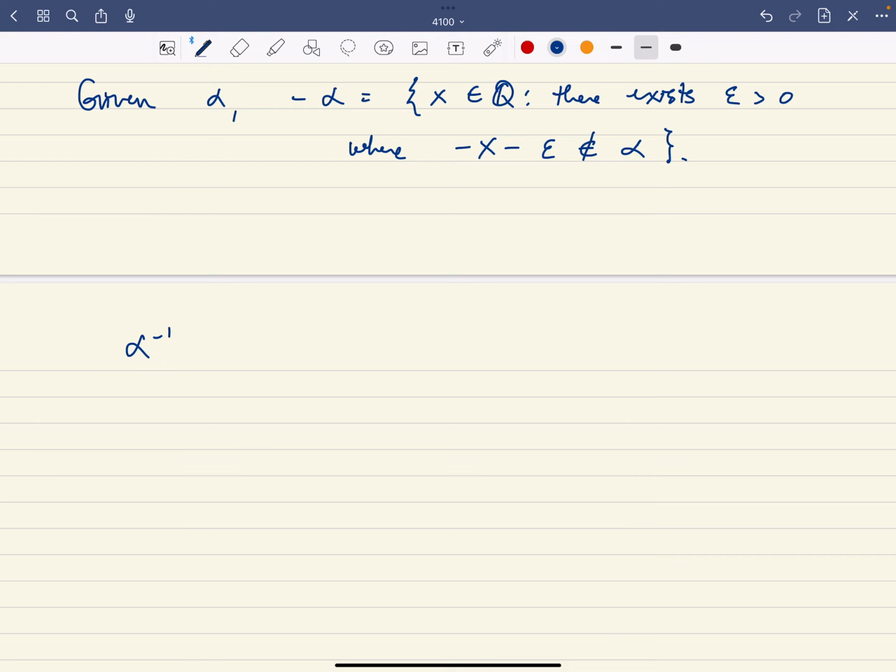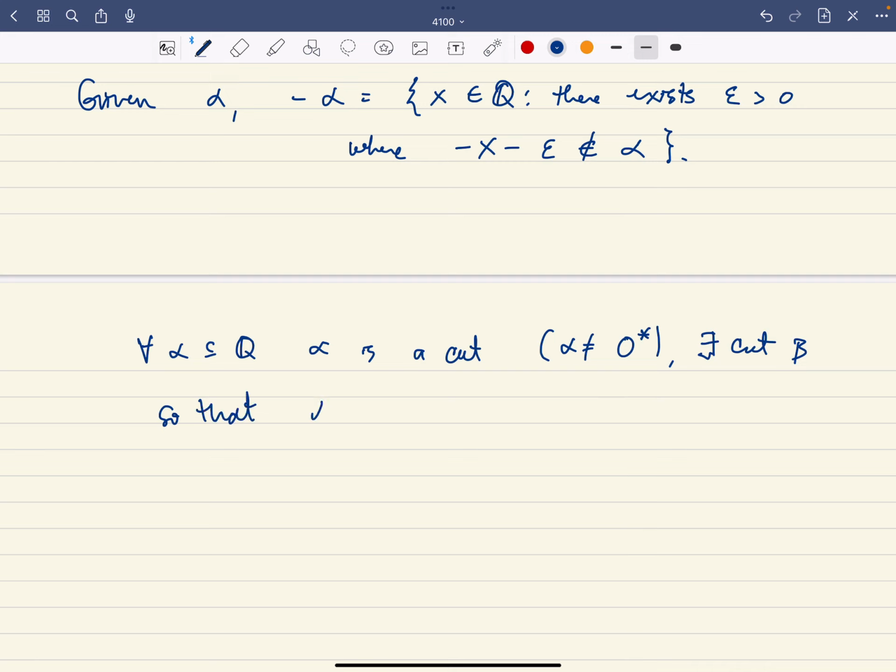Let me just tell you a few things here. For every cut, so if alpha is a cut, and as long as alpha is not the 0 element, then there exists a cut beta so that alpha times beta is equal to 1.